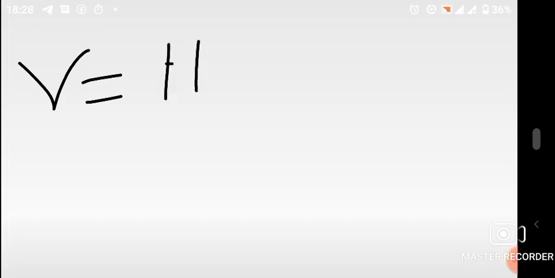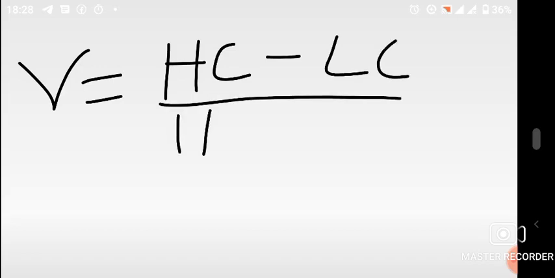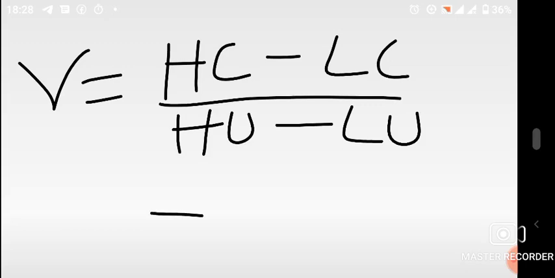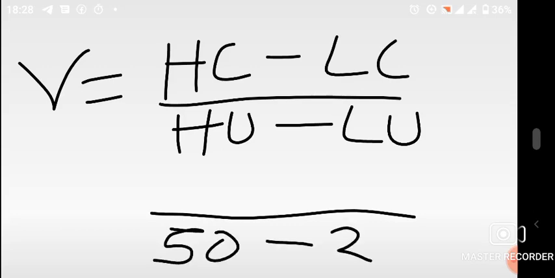So you are trying to compute first of all your variable costs. Your variable cost is equal to your high cost minus the low cost, over high units minus low units. As we have just depicted, those units will determine which cost values you put. I hope you've taken note of this in this video.